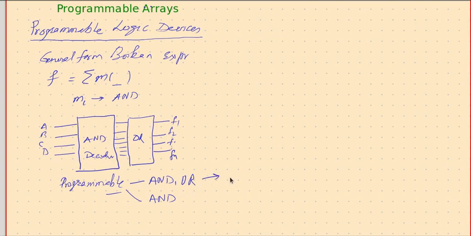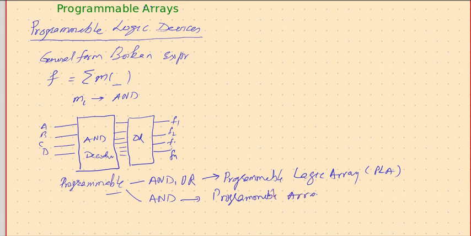If both are in programmable mode, then we call it programmable logic array, or in short it is called PLA. If only AND is programmable and OR is fixed, then it is called programmable array logic. So that is PAL.